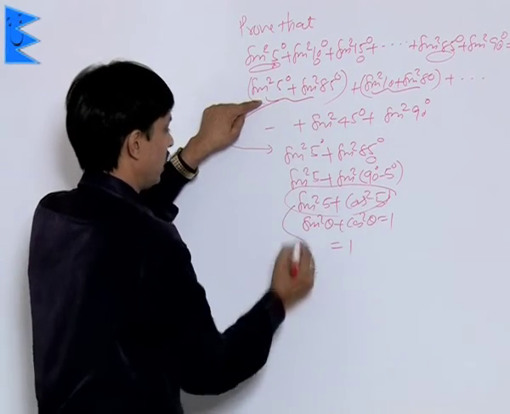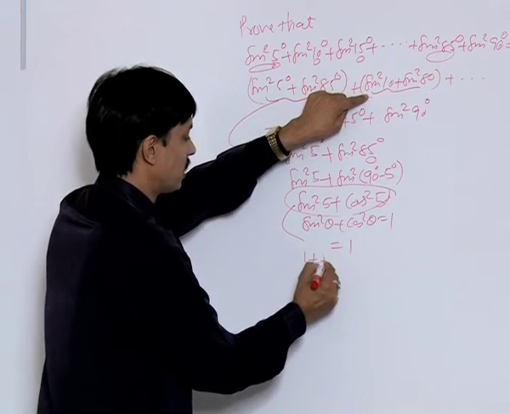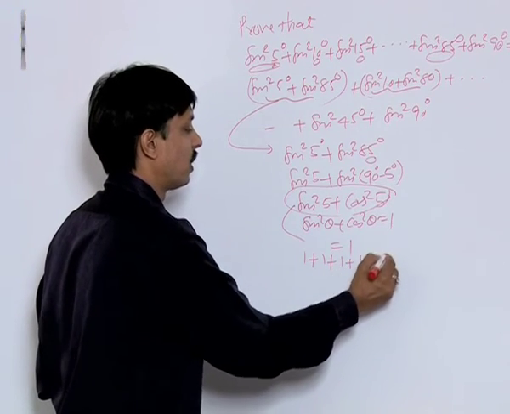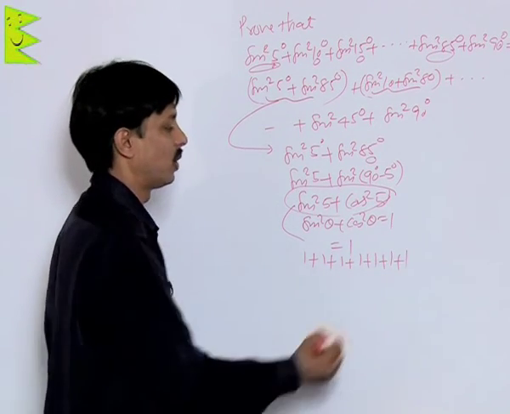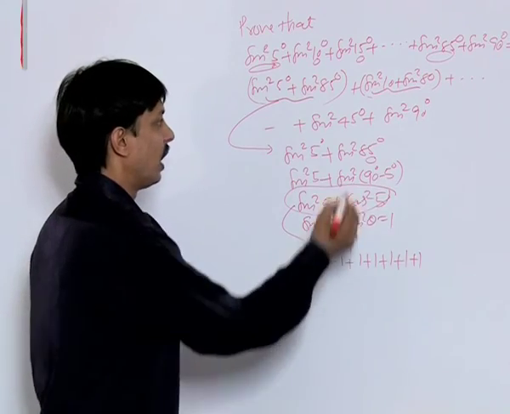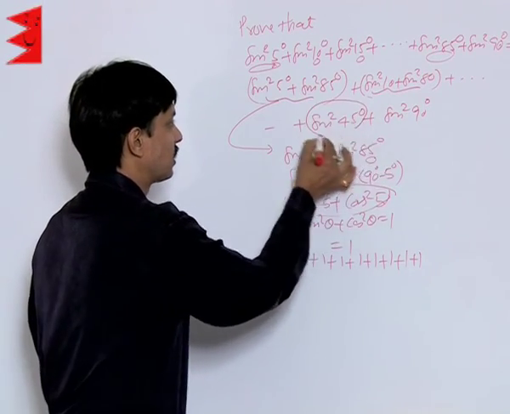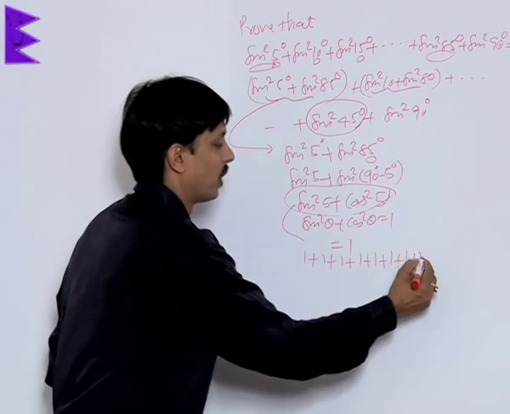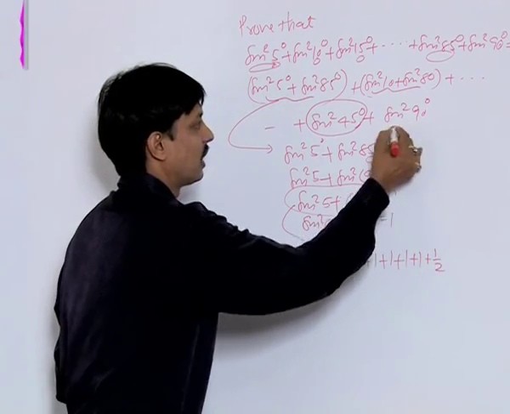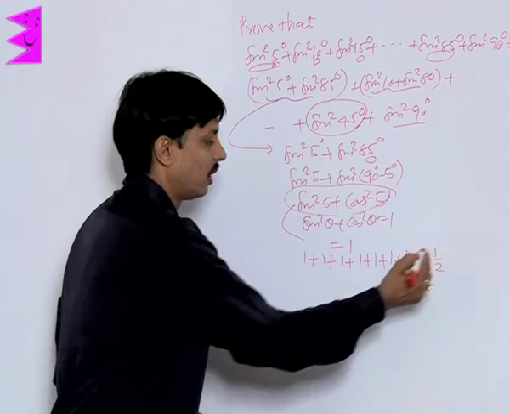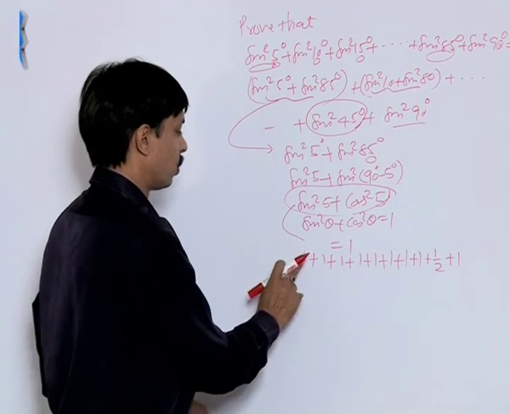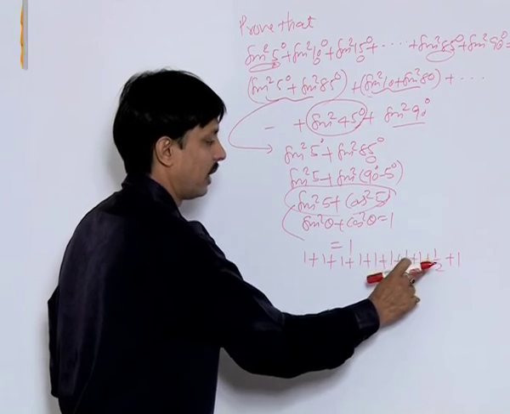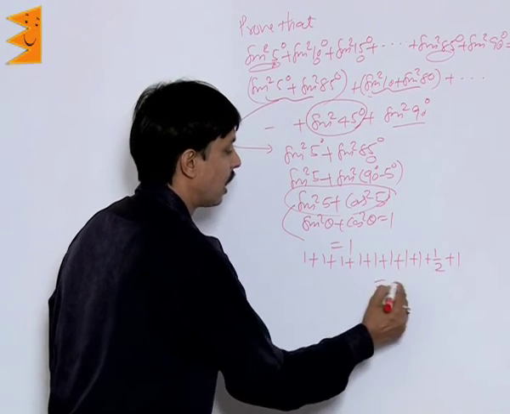So this result is 1. Similarly, second is 1, third is 1, fourth is 1, fifth is 1, sixth is 1, seventh is 1, eighth is 1. And sine 45 is 1 by root 2, its square is 1 by 2. And the last one, sine 90 is 1, its square is also 1. So 1 plus 1, 2, 3, 4, 5, 6, 7, 8, 9 and a half.